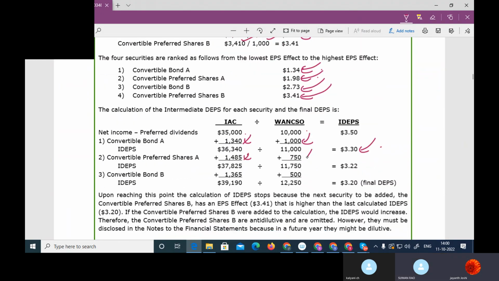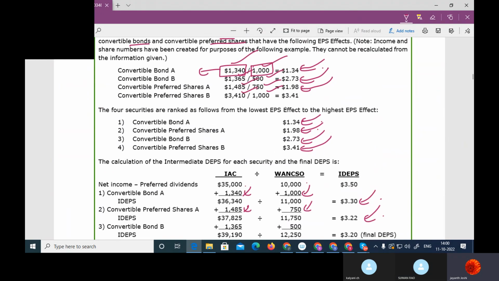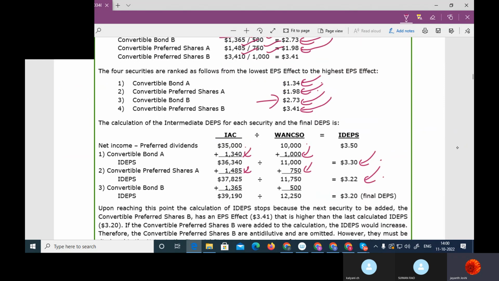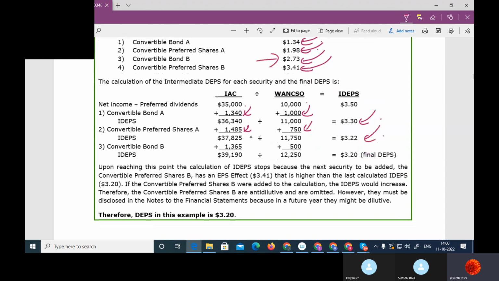You'll add those here, and your diluted EPS is this. Then the third one, convertible bond B, 1365 and 500. And then you have your final diluted EPS.